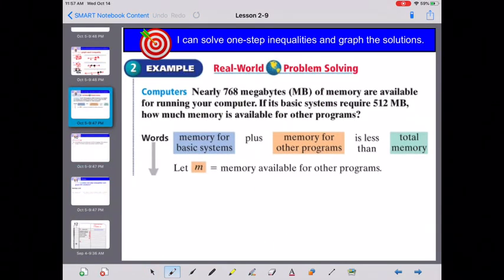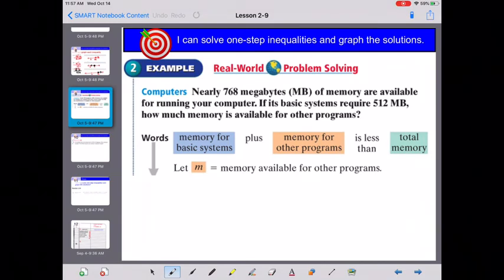Nearly 768 megabytes of memory are available for running your computer. If its basic systems require 512 megabytes, how much memory is available for other programs? Always read word problems at least twice.